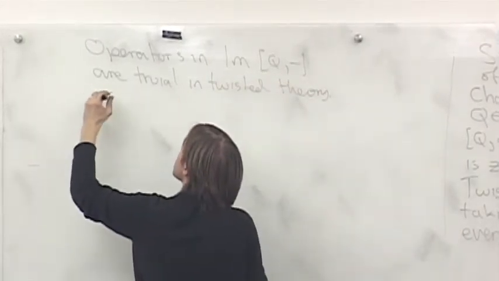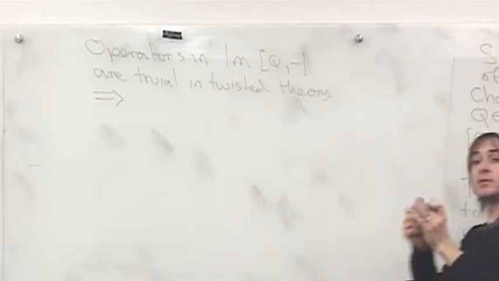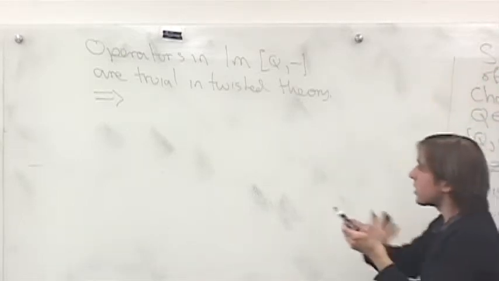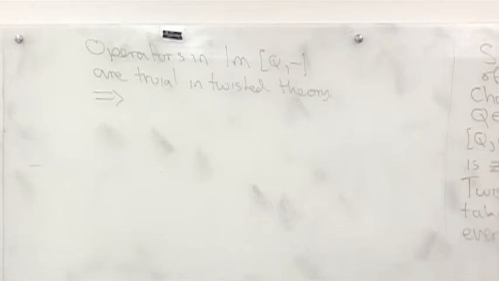So suppose the image of Q contained everything. If the image of Q contains everything, then this theory is topological because it has no Hamiltonian in particular. And the momentums, the quantization of these translation operators in the Hilbert space are energy and momentum. They're all 0 in topological theory. In the topological twist, precisely because they're in the image of Q.